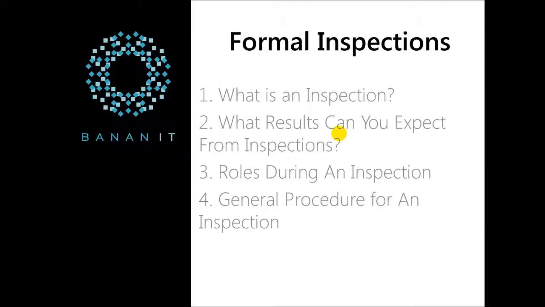But it has proven to be very effective, because a single technique that can find up to 60% of the defects in your code is very efficient, and it needs to be followed. Also, inspections can be used to assess progress. The technical progress of the development phase, or of the project in general, can be assessed with inspections.